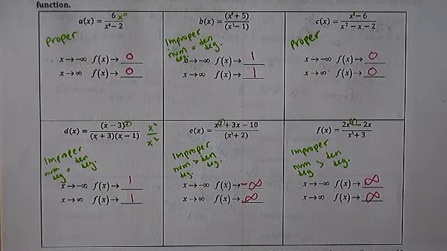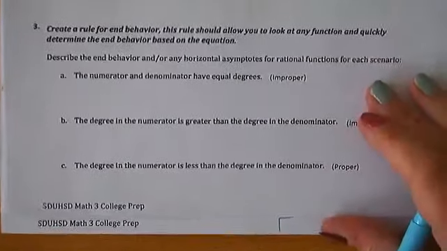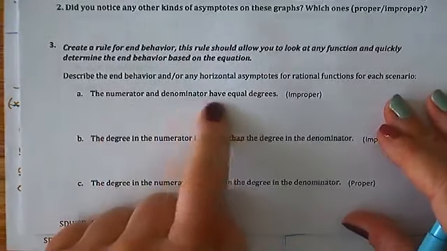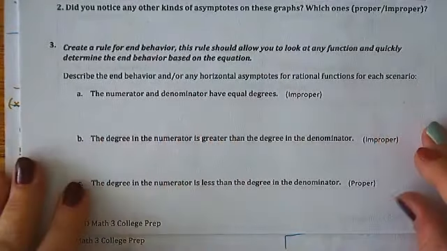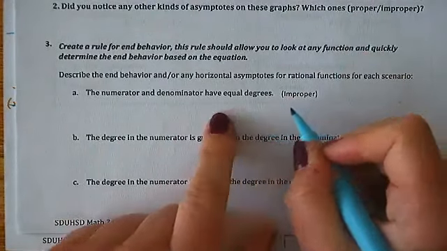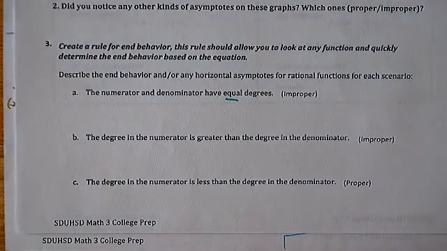So this is the situation for rational functions. And how do we determine their end behavior? Let's go down here. The numerator and denominator degrees have equal degrees. So that means it's improper where they're equal degrees on top and bottom. Okay.